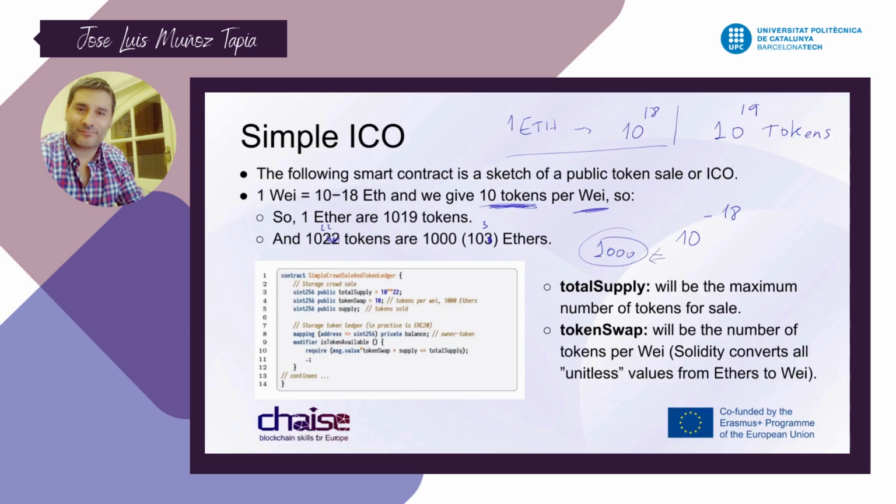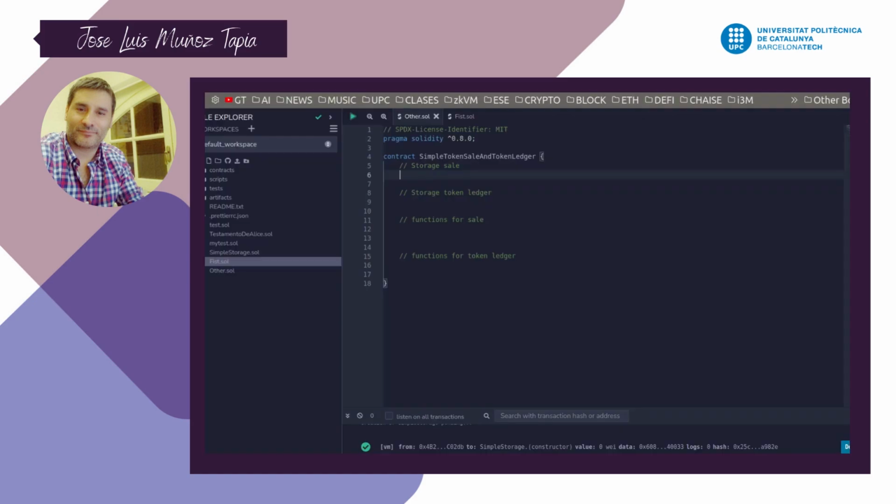Let's build this smart contract. We're going to create some variables here. Everything is going to be unsigned integers for this smart contract. We only need positive numbers here to describe all our situation, which is the sale and the ledger of the tokens.